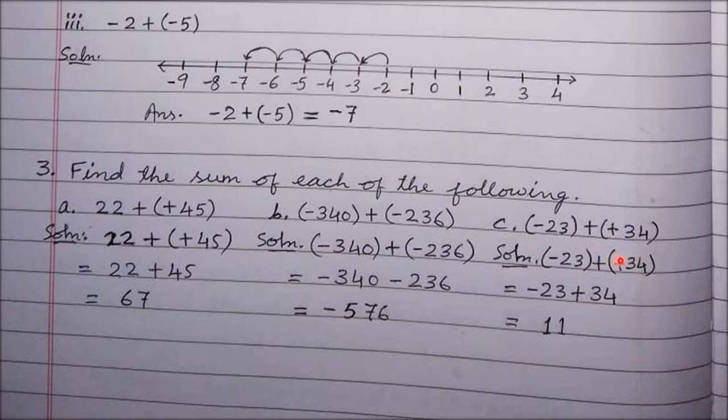Now plus into plus is plus. So here minus 23 and plus 34, when one number is negative and the other number is positive, we always have to subtract. Here is negative, there is positive, so we will subtract 34 minus 23. That gives us 11.